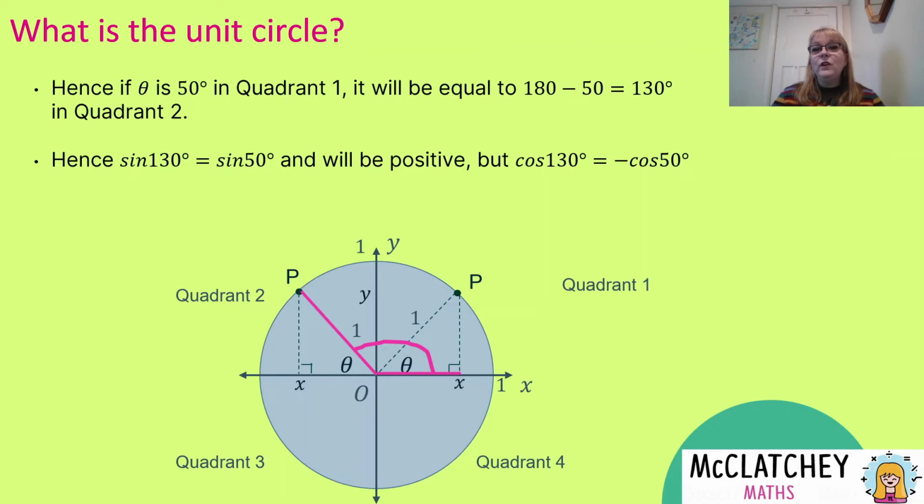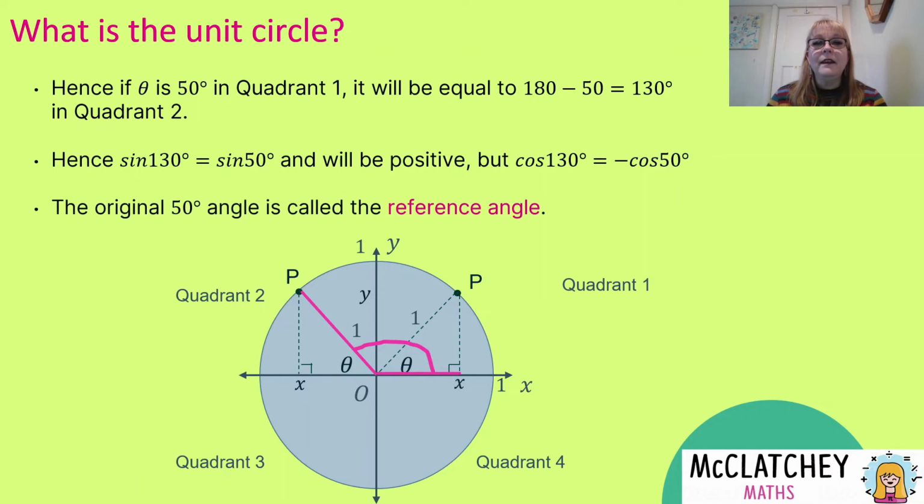However, when you're looking at cos 130, remember cos 130 is the opposite sign because, ASTC, in the second quadrant, cosine is a negative number. So if I ask you for the cos of 130, it's going to be equal to negative cos of 50, or the cos of 50 would be equal to negative cos 130. So they're opposite sign and their difference is 180 take away the value of theta.